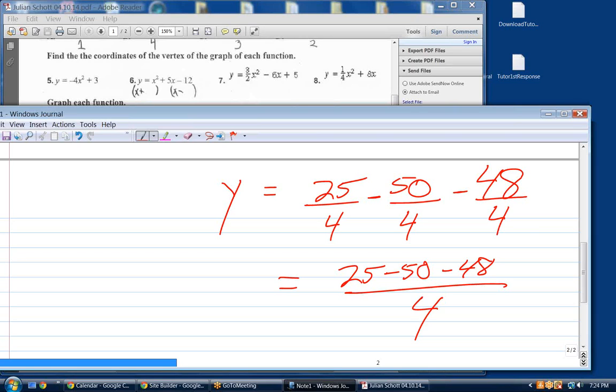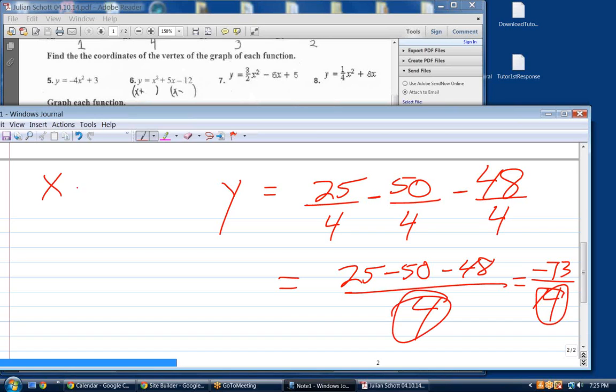Minus 97. But if you're going to use your calculator, make sure you do it right. Do 25 minus 50 minus 48 equals? Oh, minus 73. Minus 73 over 4. In other words, my common denominator just gets carried forward all the way to the end.